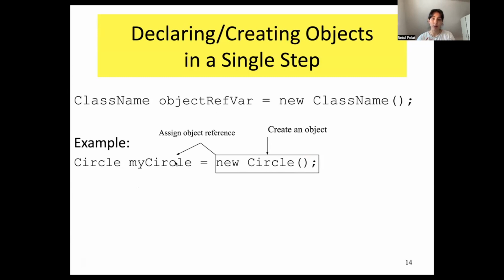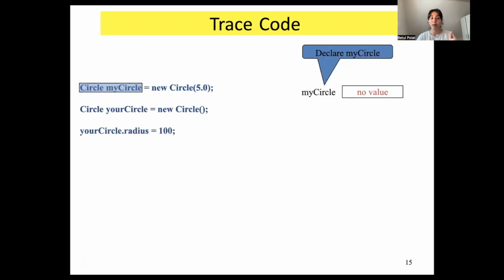We can have as many objects as we want, but the type of the object should be the same as the class name, while the name of the object can be different.